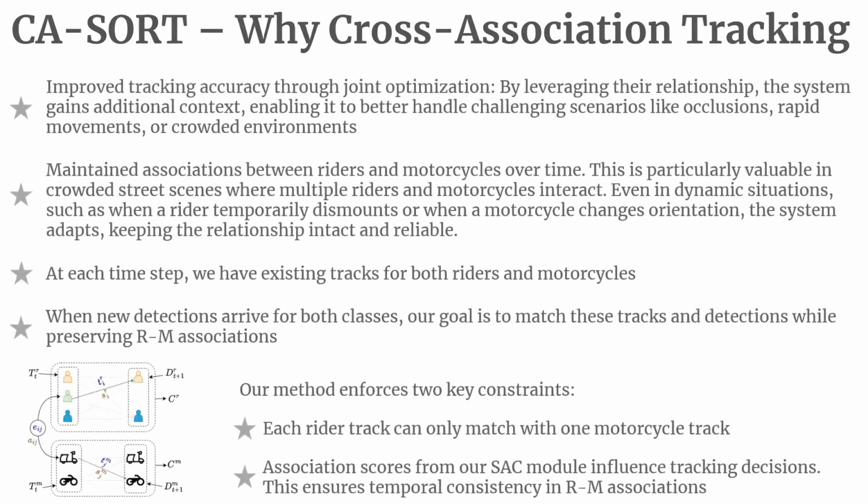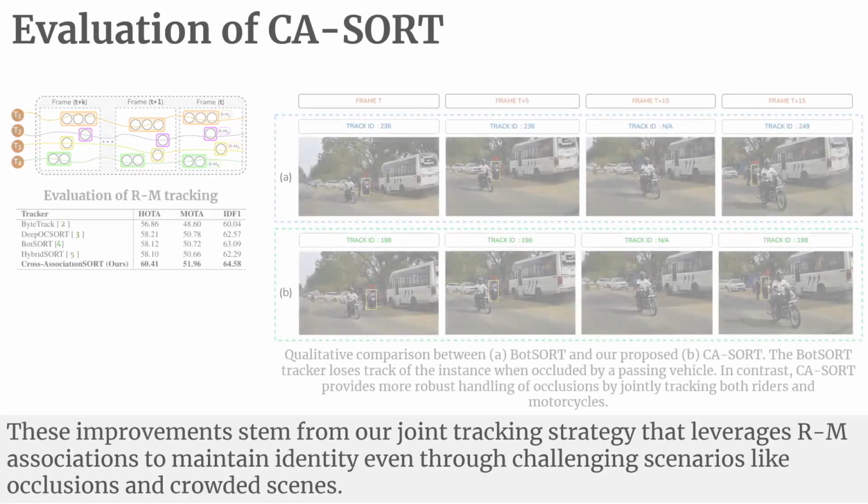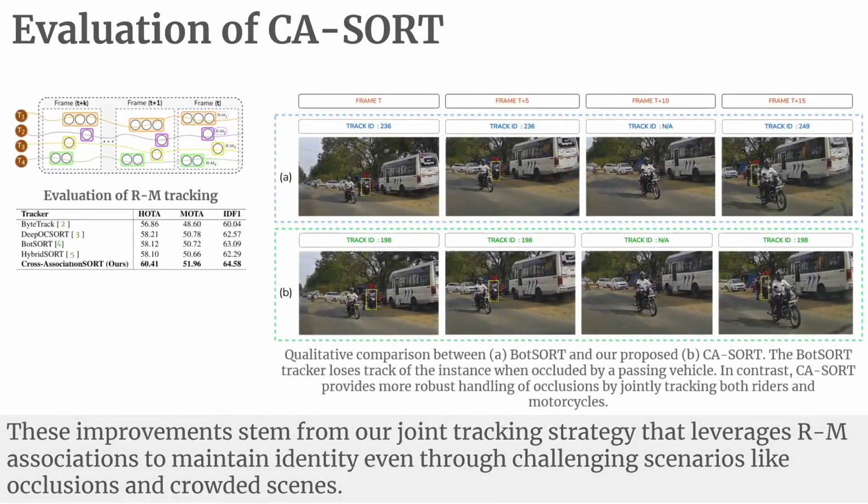Unlike conventional methods that treat these as separate entities, we aim to track them as a unified pair, maintaining their associations dynamically as they move through a scene. Quantitative and qualitative results show that our cross-association SORT achieves superior performance against existing tracking methods across all metrics.